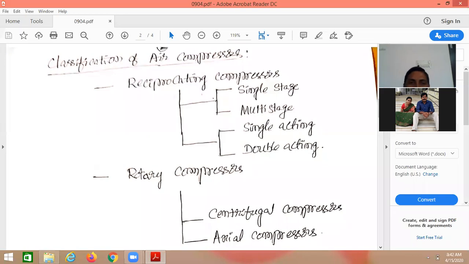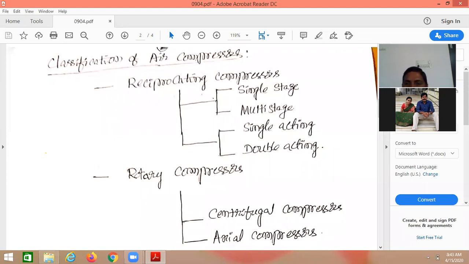So they are the rotary compressors otherwise. Reciprocating compressors again may be of two types, single stage and multi-stage. If the required delivery pressure is obtained completely in one stage only, we call it single stage compression, and if the same required pressure is raised in multiple stages, we call that multi-stage compression. What is single acting we have discussed.